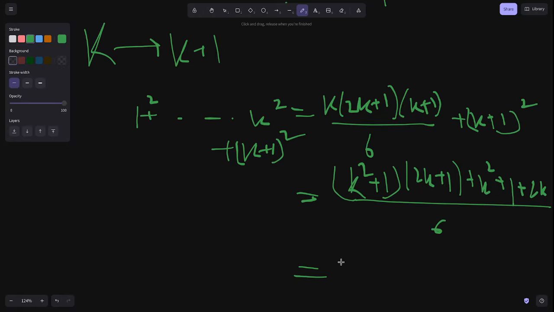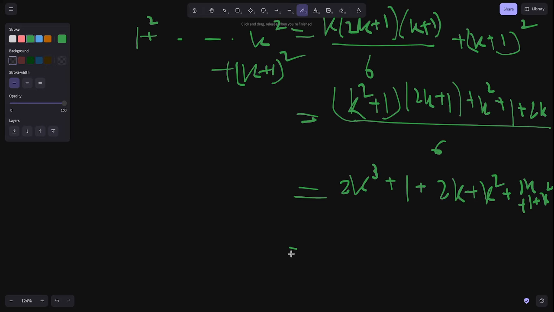So this becomes 2k cube plus 1 plus 2k plus k squared plus 2k plus 1 plus k squared. Okay, so this becomes 2k cube plus 4k plus 2k squared plus 1, by 6.